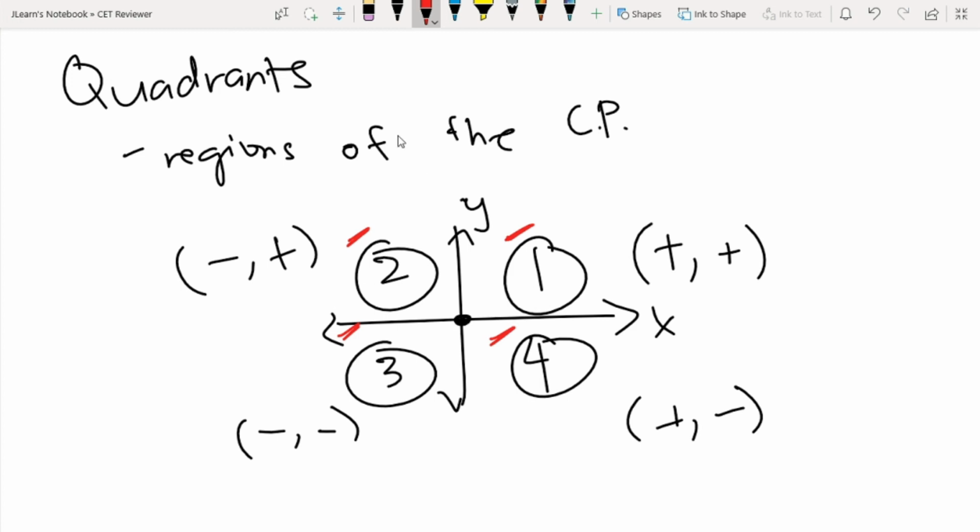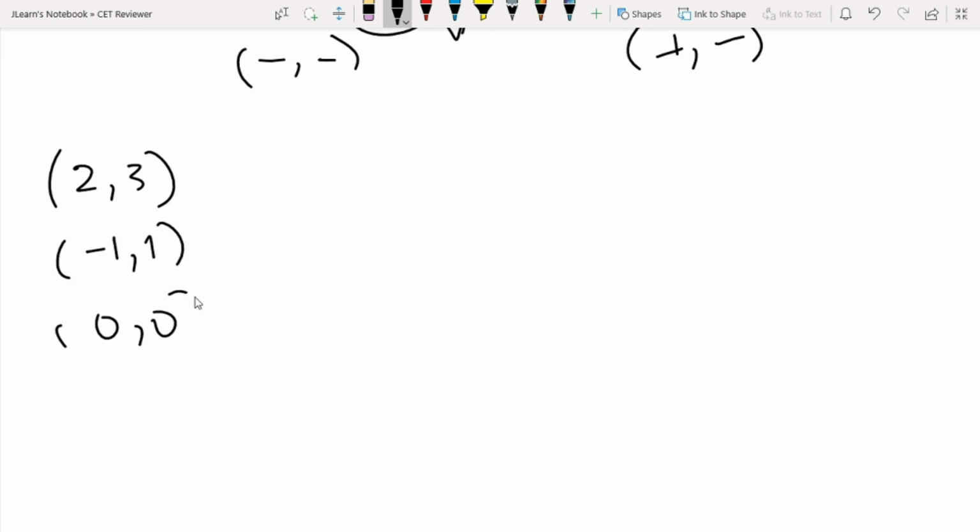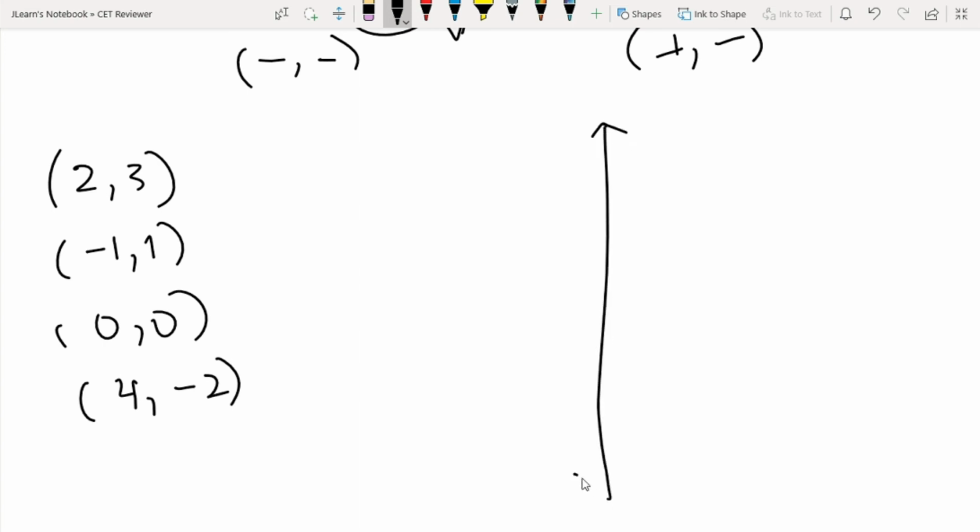So, let's do some basic examples. Let's say, sabi sa inyo na plot the points (2, 3), (-1, 1), (0, 0), and (4, -2). So, gawa lang tayo ng Cartesian plane.